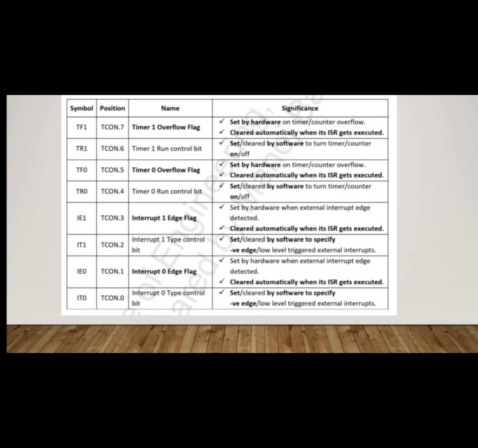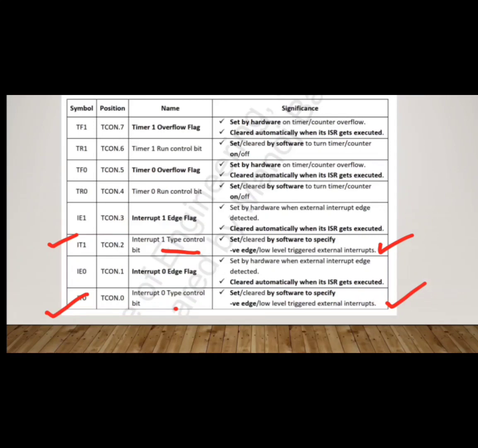Then the last ones are TCON 2 and TCON 0, the interrupt 1 type control bit and interrupt 0 type control bit. They are set and cleared by software. Here, negative edge or low level trigger applies to the external interrupt.